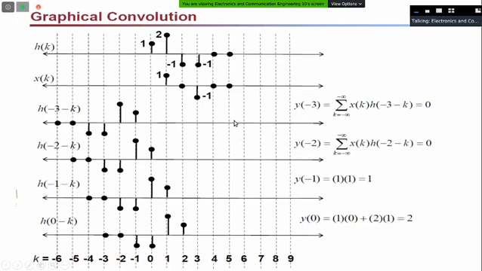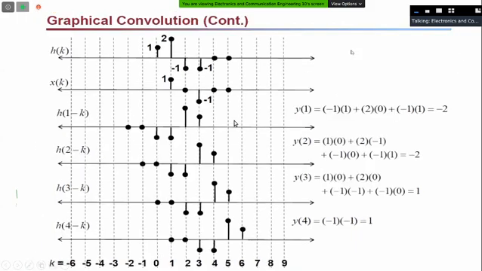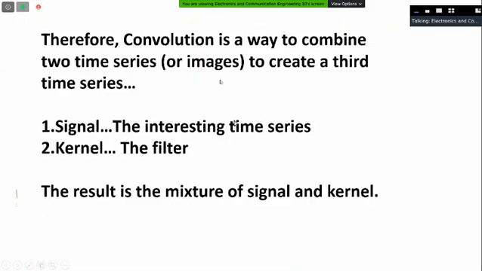Now, what actually is convolution from the intuitive point of view? Convolution is a way to combine 2 time series. 2 time series means, as I have taken in the example, 2 discrete sequences. Those can be said to be the 2 time series.